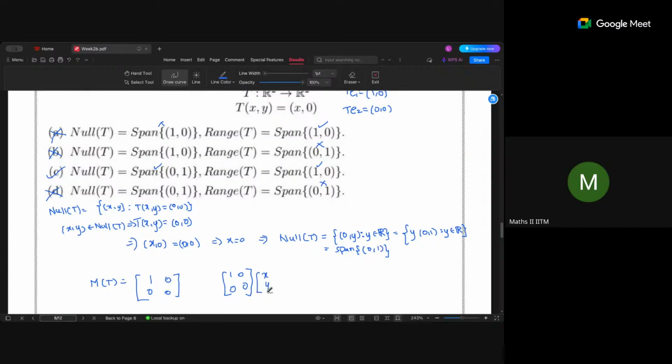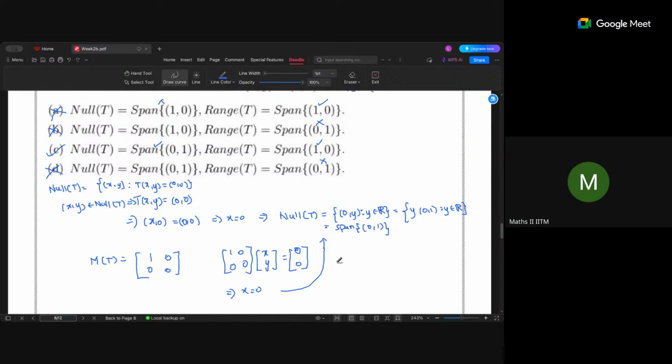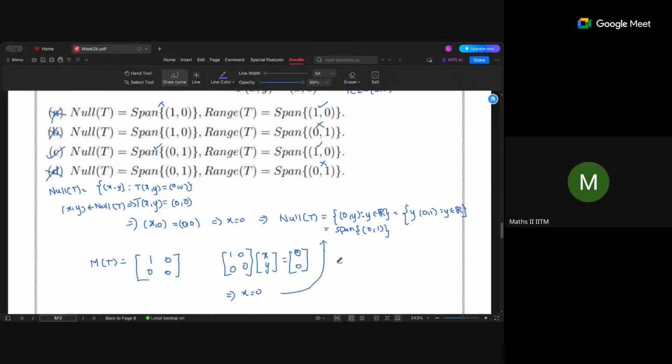You multiply by (x, y), equate it to (0, 0), then you will see that x is equal to 0. So you again get the same. Either you can use this technique or that technique, whatever you find convenient. Most people prefer the matrix technique. I also recommend using the matrix, that's convenient also.